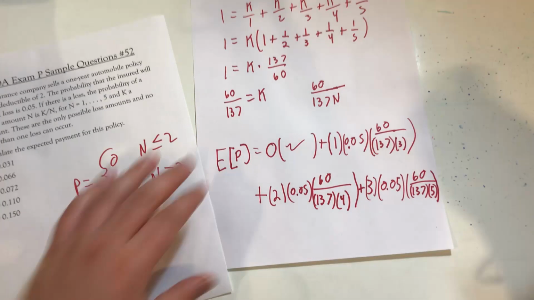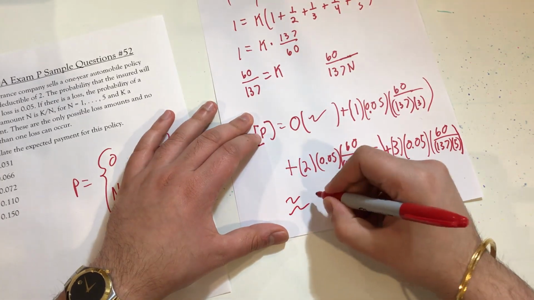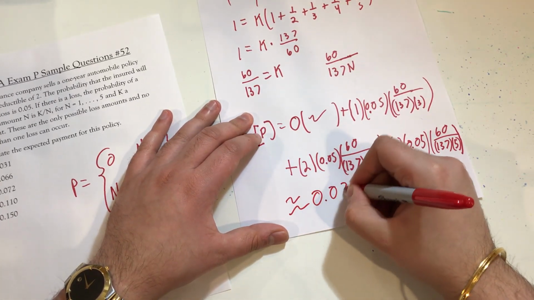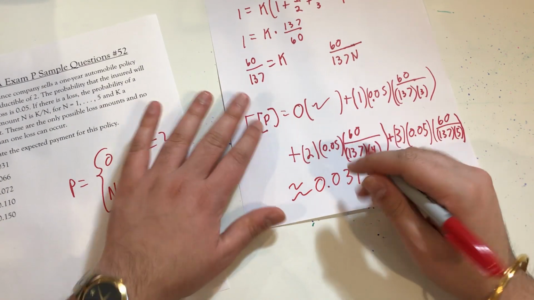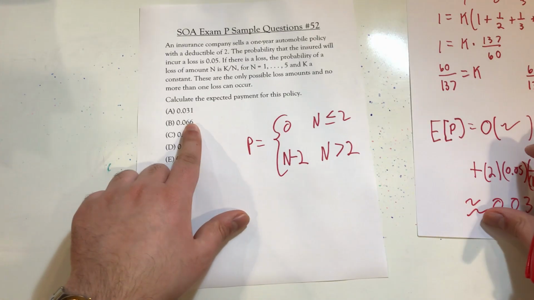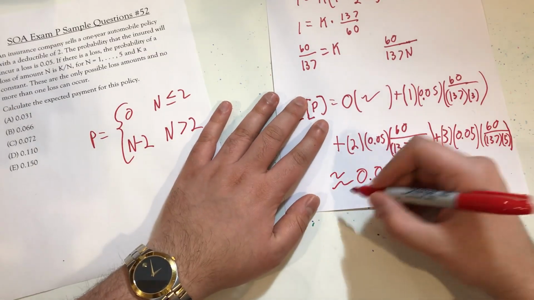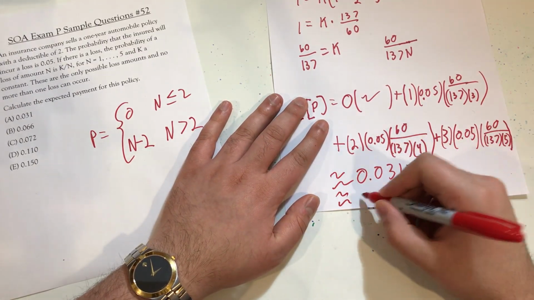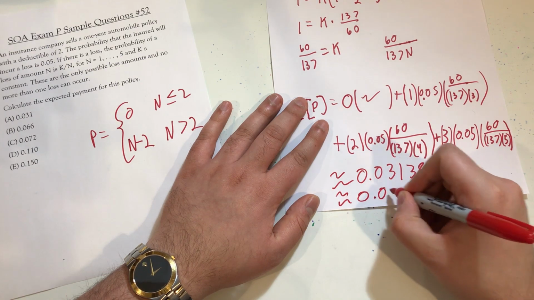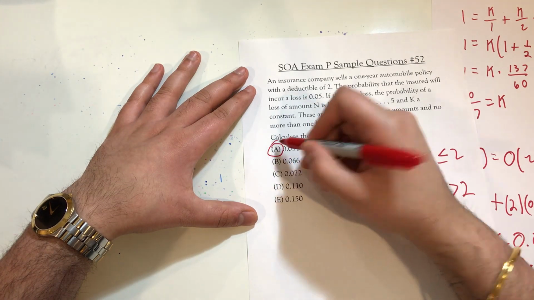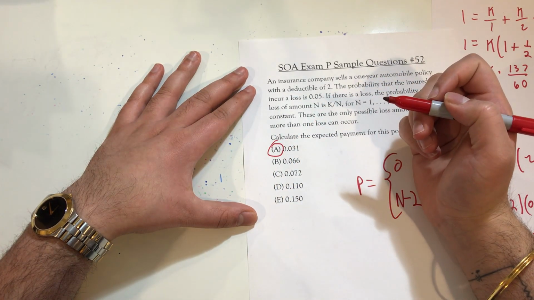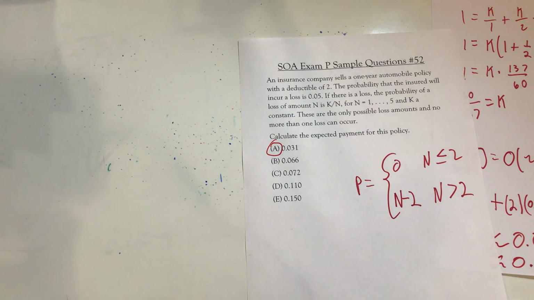Okay, and that gets me approximately an answer of 0.0313, which, since everything's rounded to 3 decimal places in my answer choices, rounding this to 3 decimal places, I get 0.031. Answer choice A.